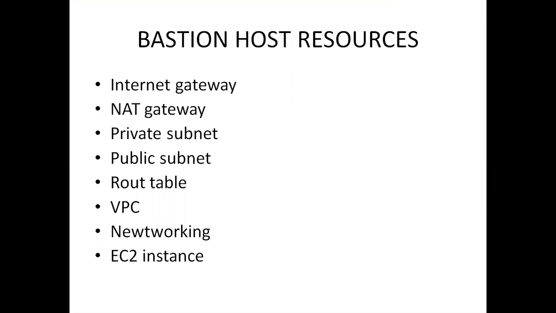If it's designed to receive information from the public, then you can call it a public subnet. However, if it's designed not to be accessed by the public, then it becomes a private subnet. One of the gateways that allows a system to be accessed from the internet, from the public, is an internet gateway, which we are going to show an example of here.